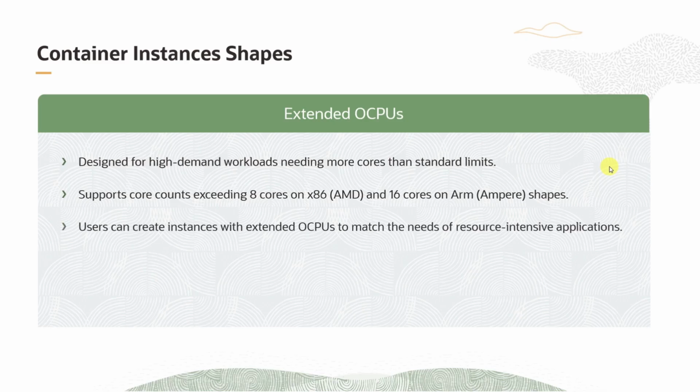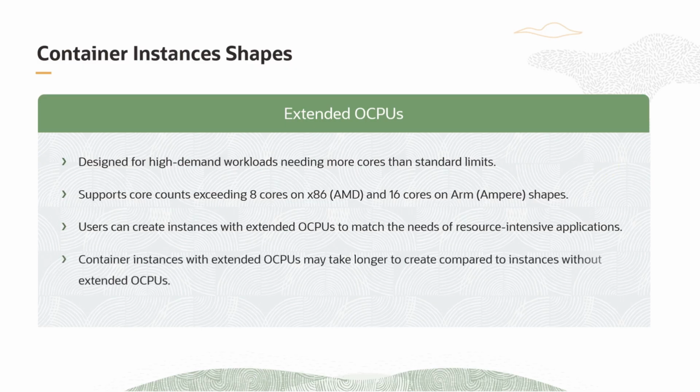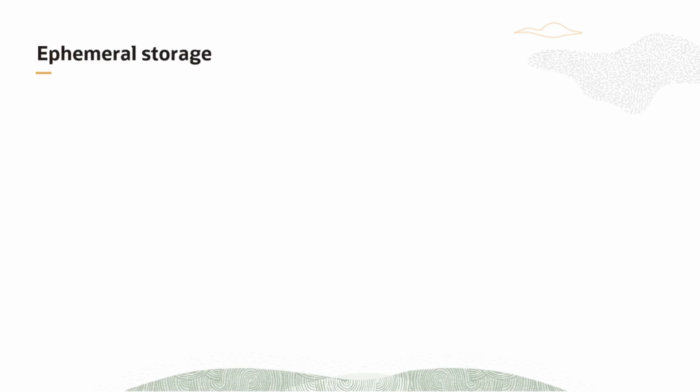You can create container instances with extended OCPUs to tailor resource allocation to the specific needs of your workload, ensuring optimal performance. However, it's important to note that due to the increased core count, container instances with extended OCPUs may take longer to create compared to instances with standard configurations.